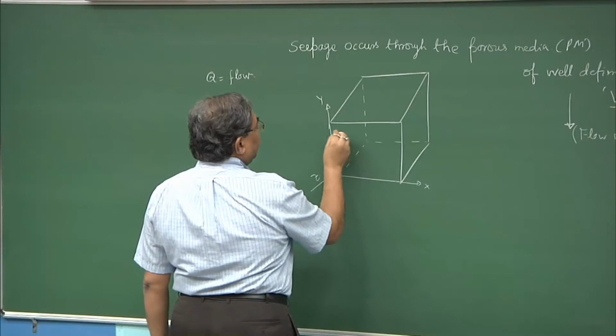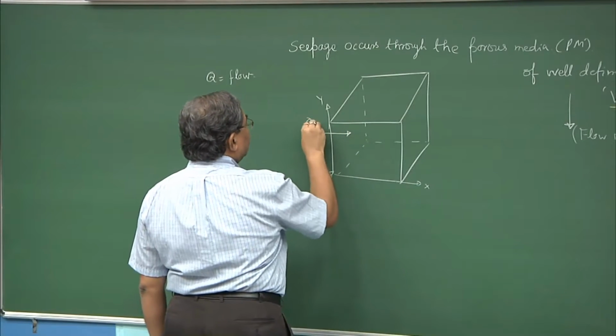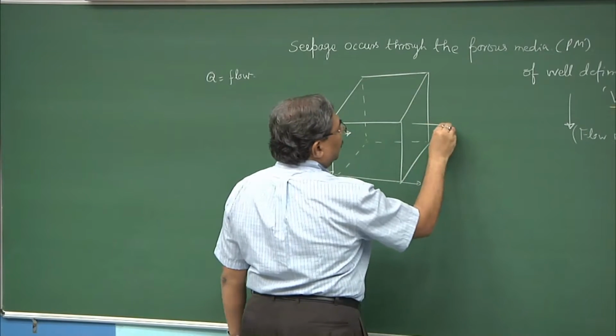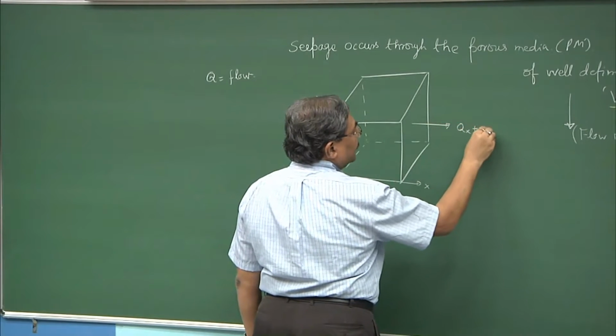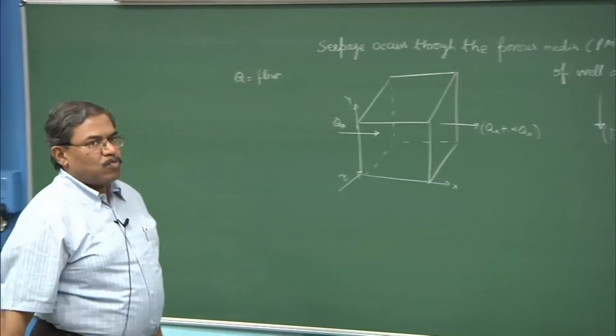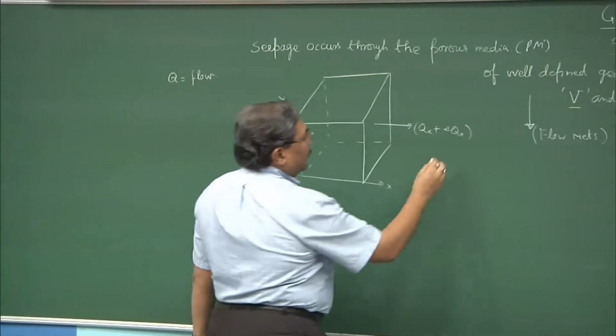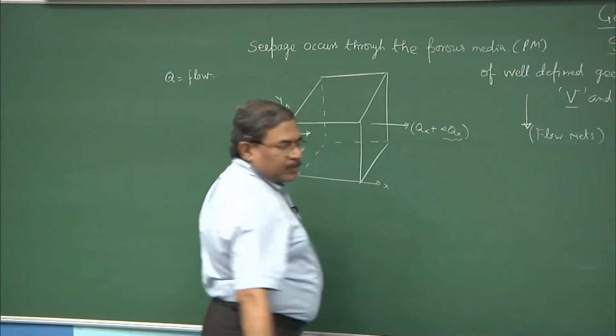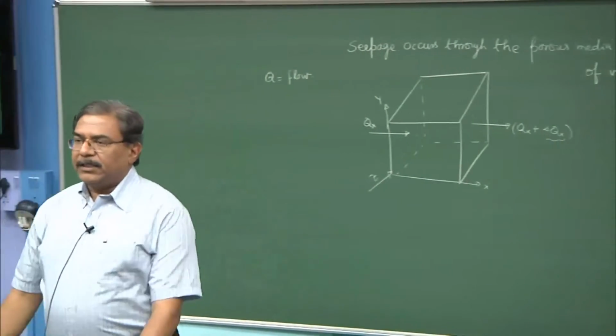In the x direction, Qx enters, and what comes out is Qx plus delta Qx. I am just using delta Qx to demonstrate that there is some change in the discharge.